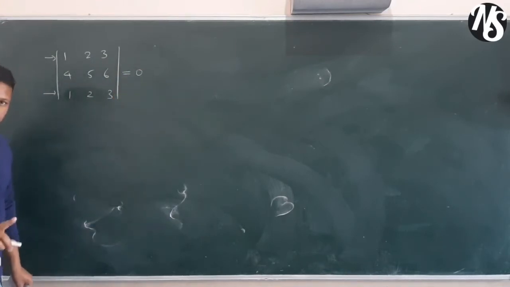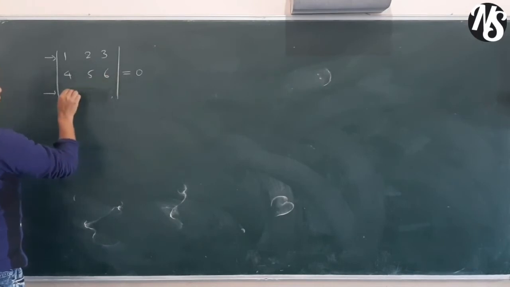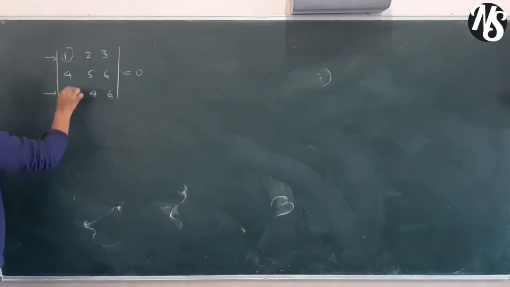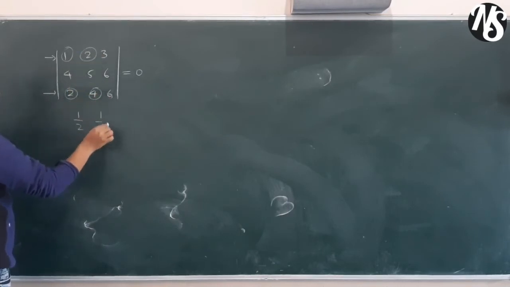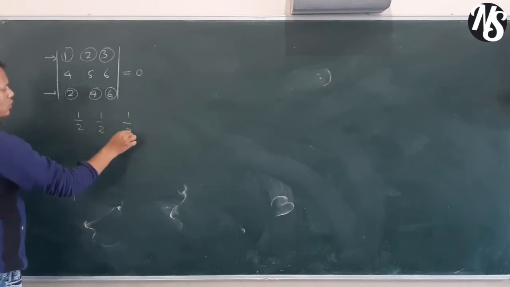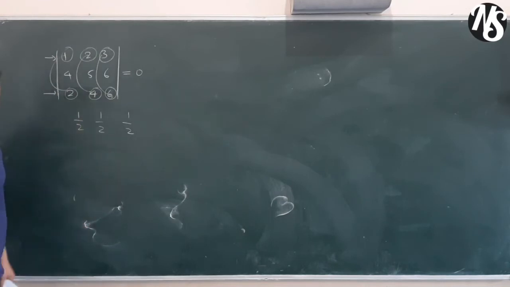Or if the rows or columns are in proportion, let me write 2 4 6. What is the ratio of this and this? Isn't it 1 by 2? Yes. What is the ratio of this and this? 2 by 4, which is again 1 by 2. What is the ratio of this? This is again 1 by 2. So the ratios are turning out to be equal.